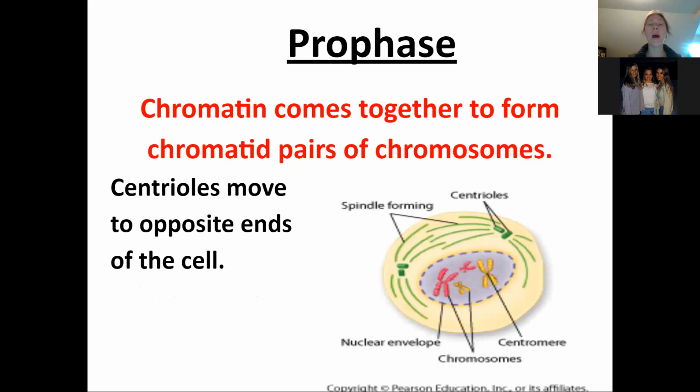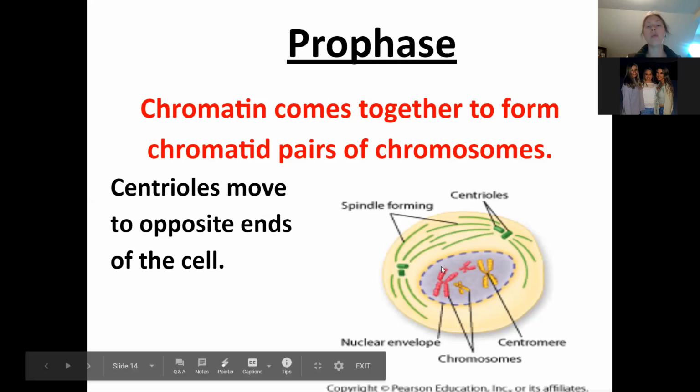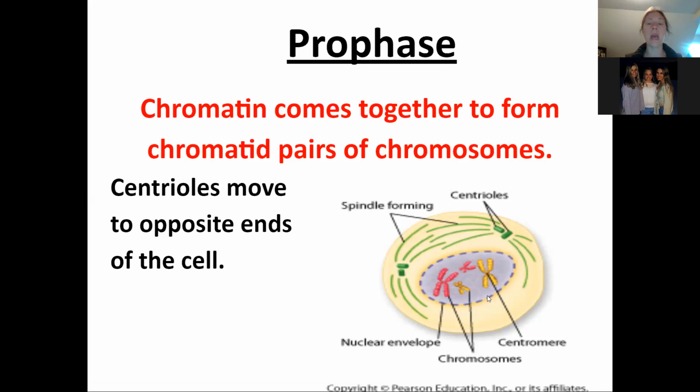Prophase. What's going to happen is that loose chromatin that existed in interphase is going to condense down and form chromosomes. Because again, it's easier to divide up these tightly compacted chromosomes than it is loose DNA. Think about trying to split apart a bowl of spaghetti without breaking or damaging anything.